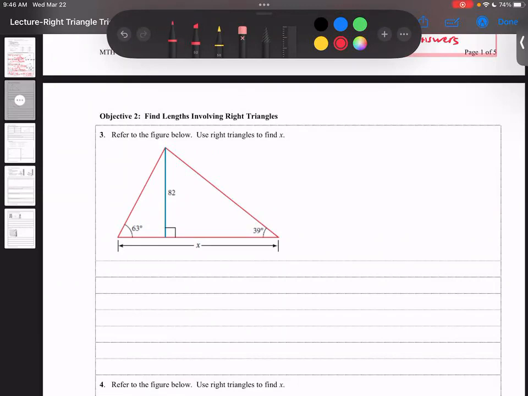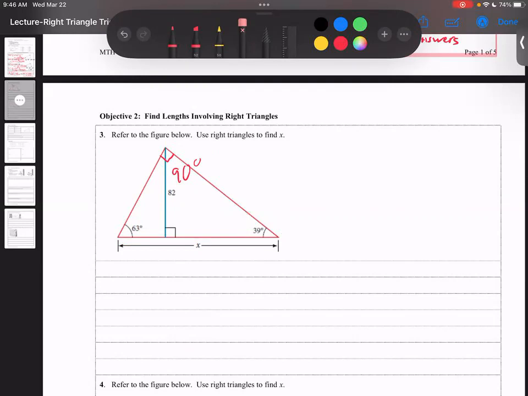Let me ask you, is this 90 degrees? If this is 90, these three added up are going to be greater than 180. No, right? Here's what I'm saying. These two add up to what?